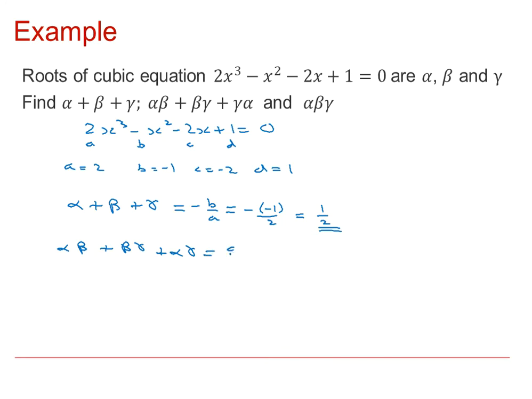We know that that one is c over a, so that's minus 2 over 2 is minus 1. And then finally the product, alpha beta gamma, is minus d over a. So that's minus 1 over 2 is minus a half.